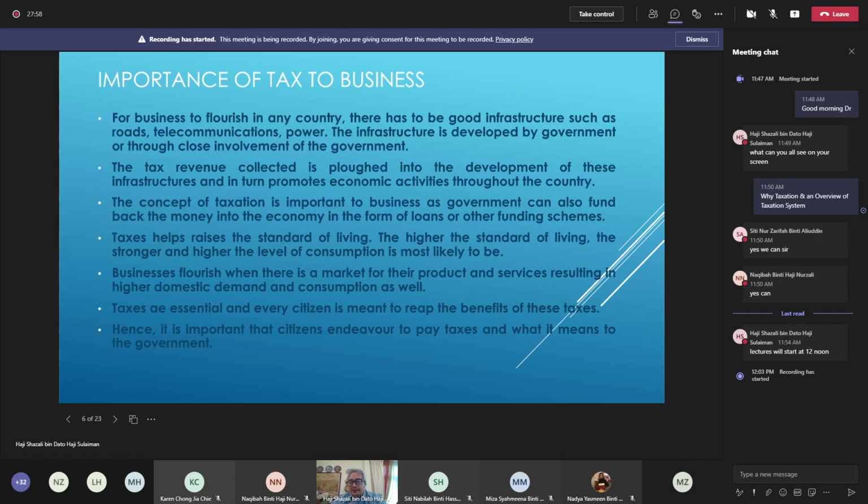So what is the importance of taxation to businesses? For business to flourish in any country, there has to be a good infrastructure, such as roads, telecommunication, power. The infrastructure is developed by government or through close involvement of the government.